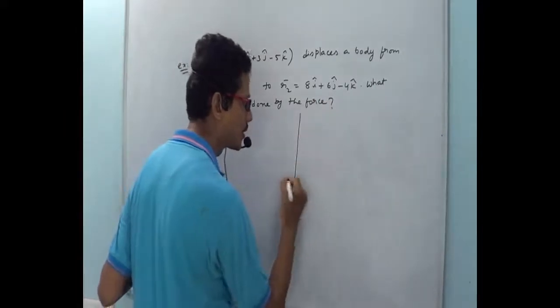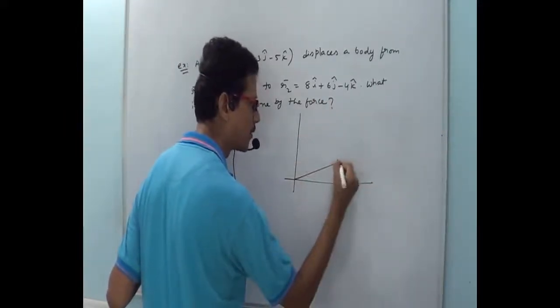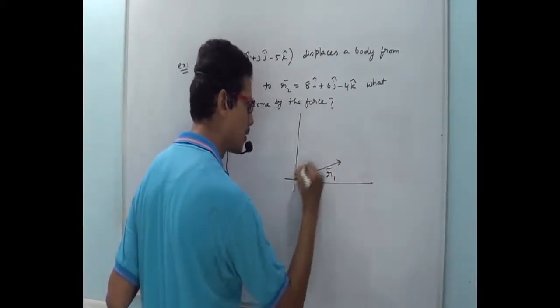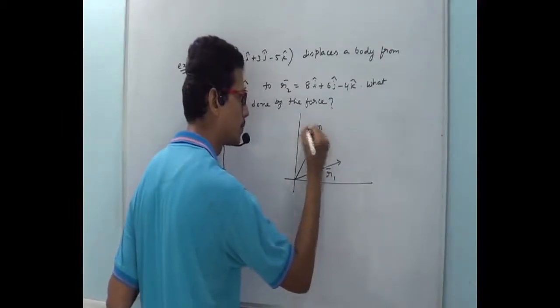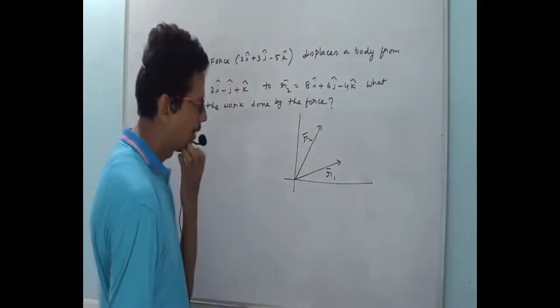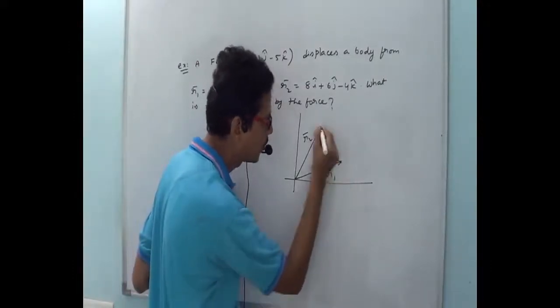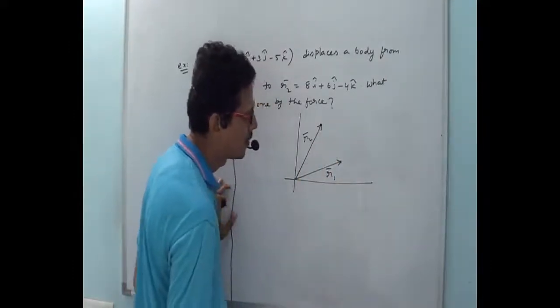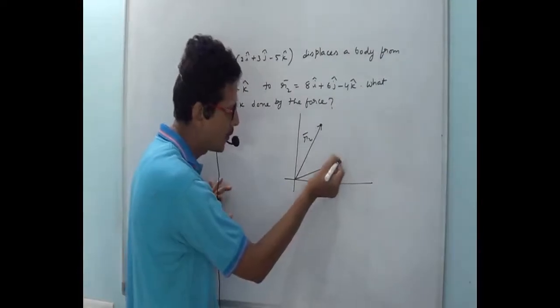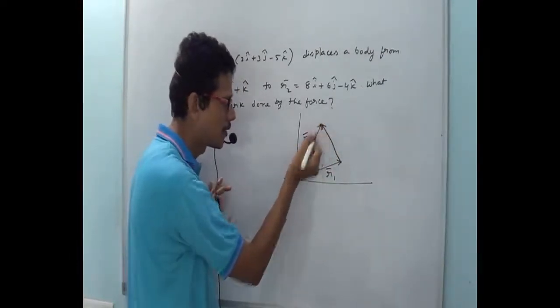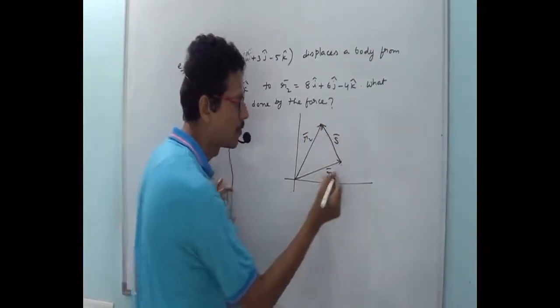Already you know what the displacement vector is. If this is R1 bar and this is R2 bar, for example, initially the body is here and now the body is taken here. And this is the displacement vector, S bar.